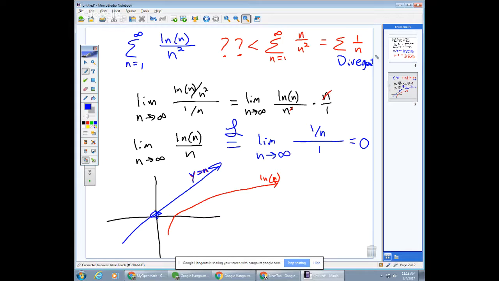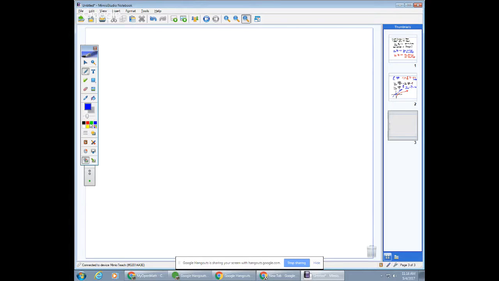How about we try comparing it to 1 over n squared? See what happens there. Maybe the growth in the numerator is so insignificant that it's a lot like 1 over n squared instead. As far as a direct comparison goes, since I'm multiplying something into the numerator, each of the terms of natural log of n over n squared is bigger than the corresponding 1 over n squared term.